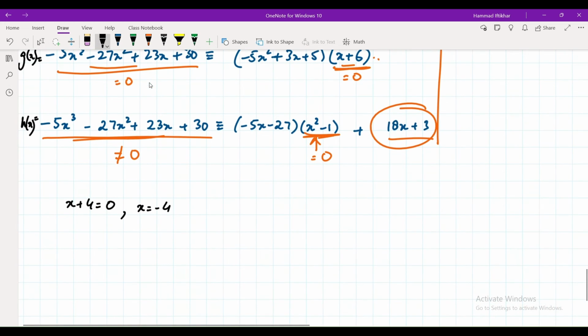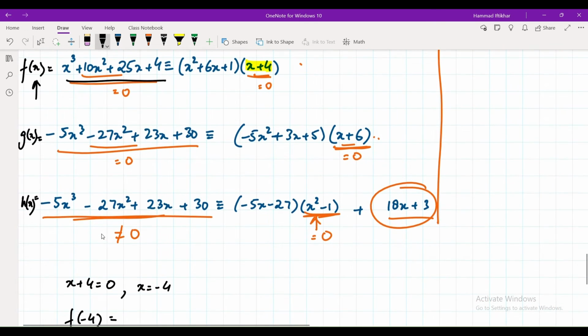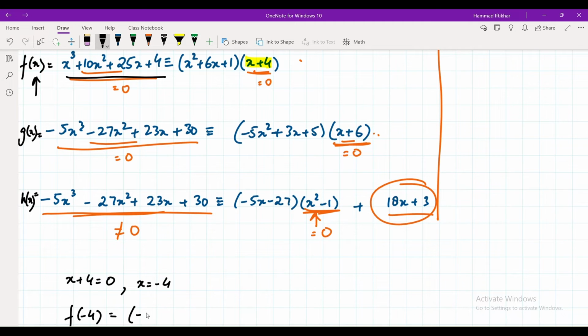So when we plug in f of minus 4, this function is negative 4 cubed plus 10 times negative 4 whole squared minus 25 times negative 4 plus 4.